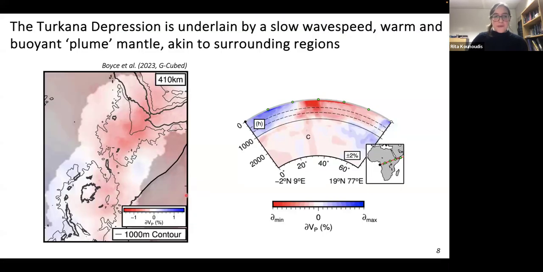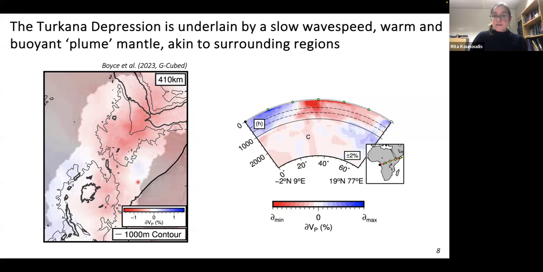Right, so with this data, one of the first things we did was image the mantle using body wave tomography. We wanted to see if this low-lying region is also underlain by plume material, now that we actually have seismic coverage right within the depression. And what we find is that there is slow wave speed material pretty much everywhere below East Africa. There's no break in the continuity of these slow wave speeds.